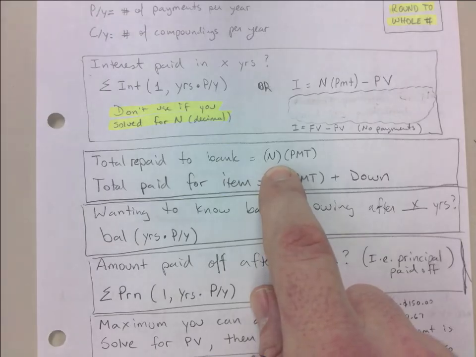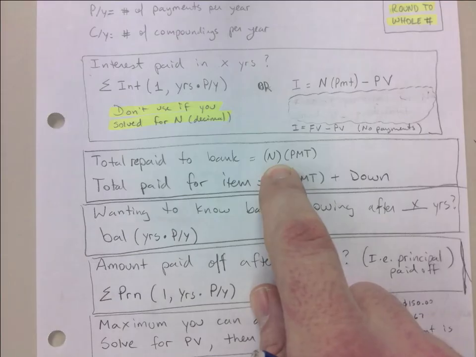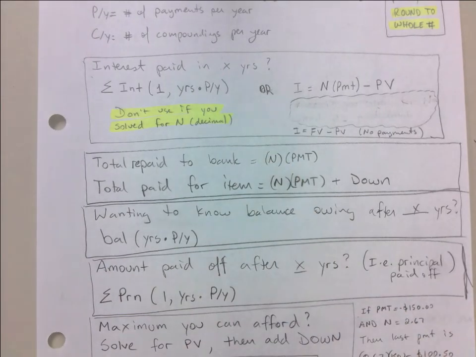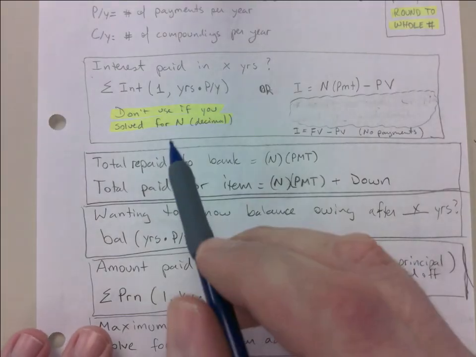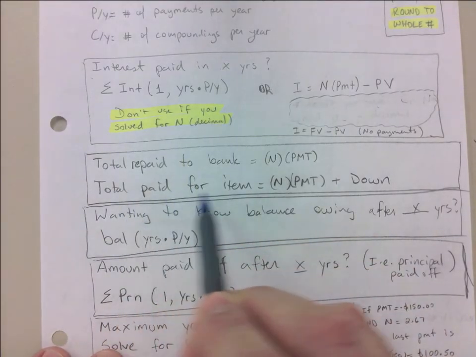Why is that? Interest, right? The bank will lend you the money, you've got 5 years to pay it back, but they'll charge you some interest. Every payment will have a little bit of interest.